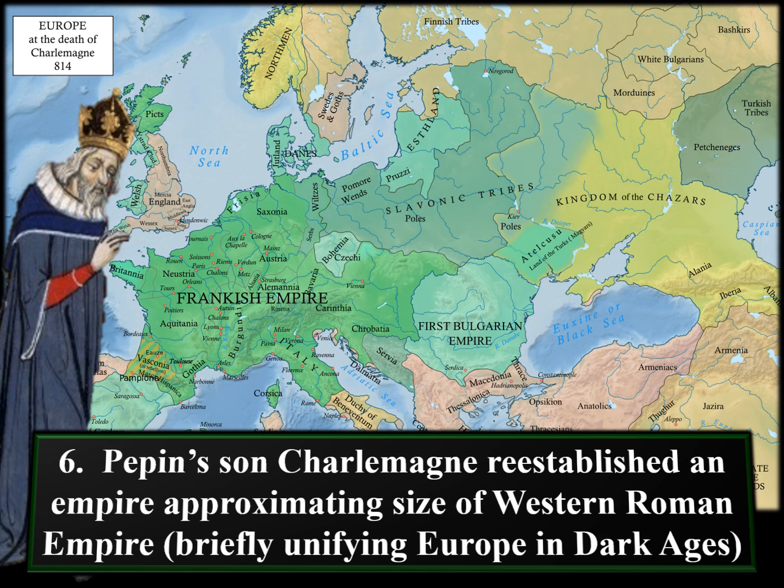The Frankish Empire under Charlemagne ultimately is almost a revival of the Western Roman Empire, but at this time under the Franks. However, it does not last beyond the life of Charlemagne. Ultimately, after Charlemagne's death, it will be divided up and become separate kingdoms.